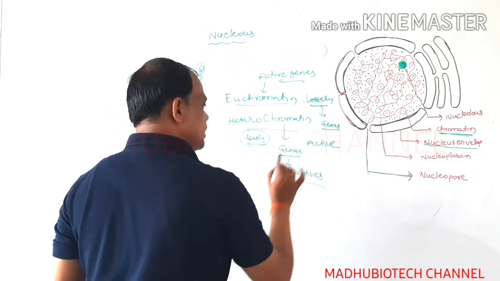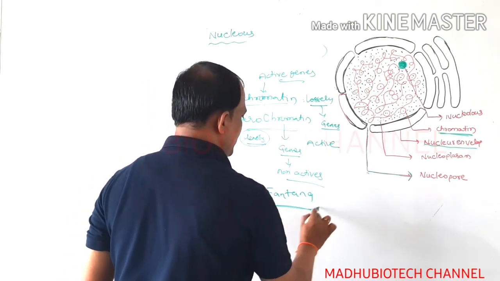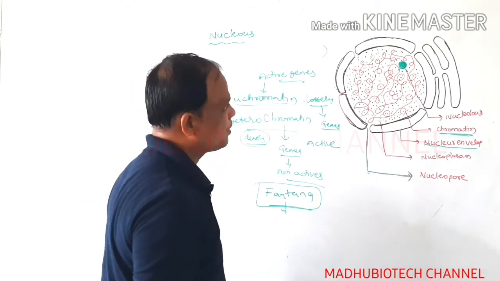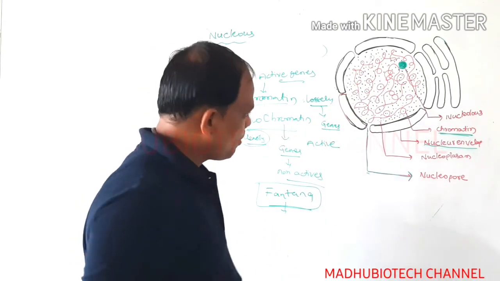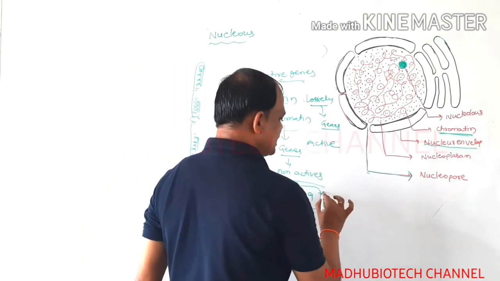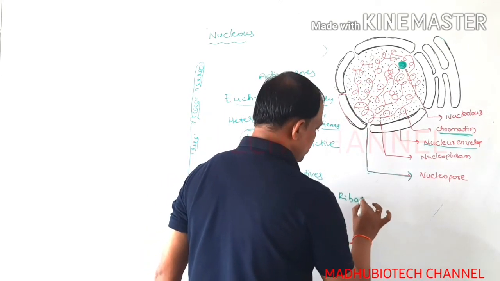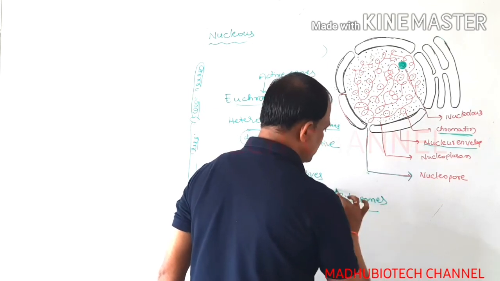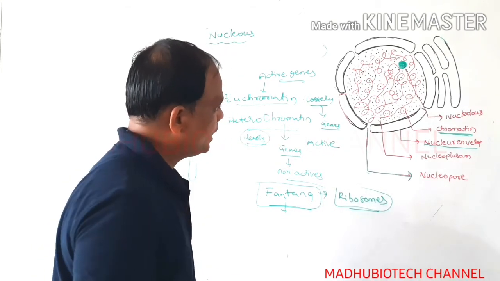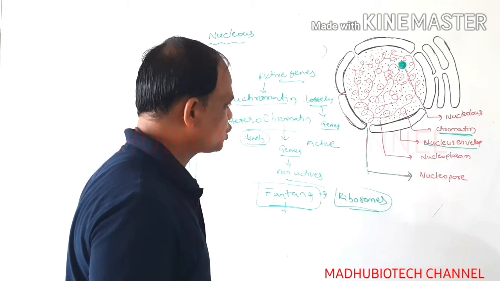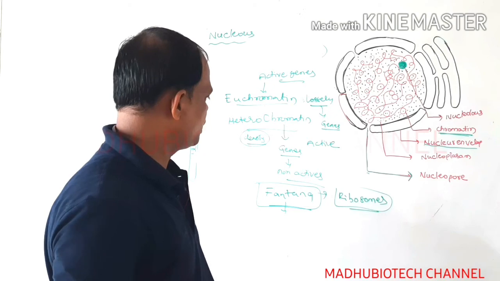The scientist who first discovered it was Fontana. Its main function is involvement in the synthesis of RNA, proteins and ribosomes. Hence it is also called the factory of ribosomes. This is the main structure of the nucleolus.